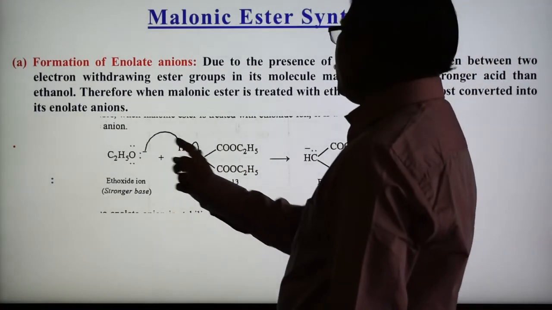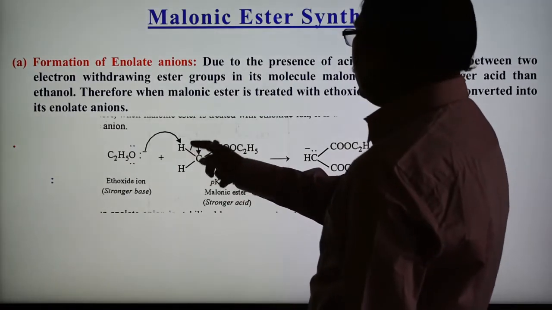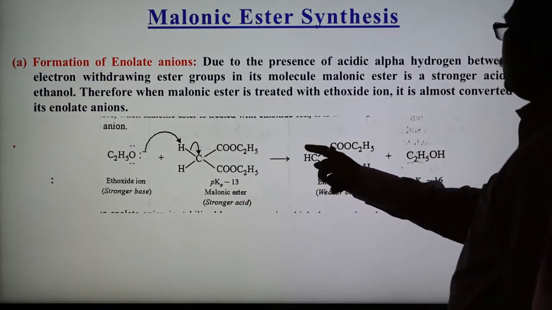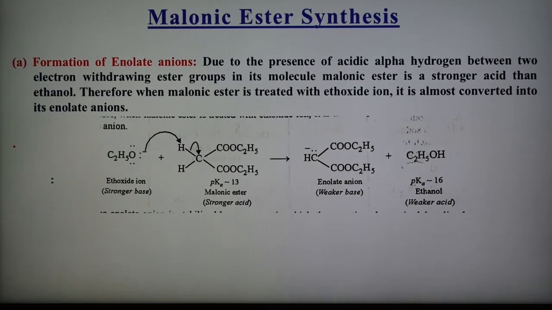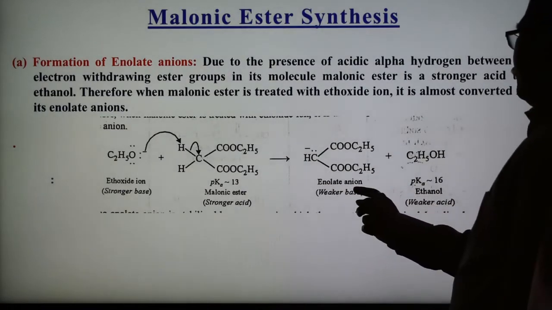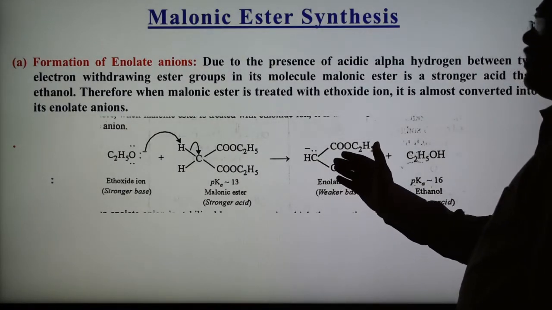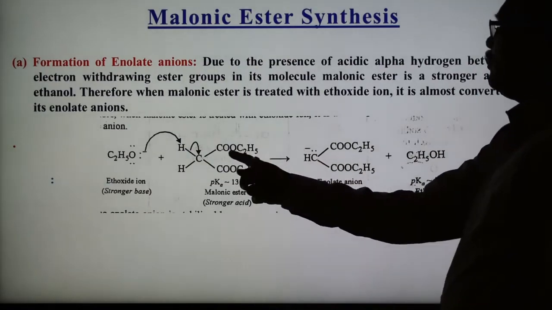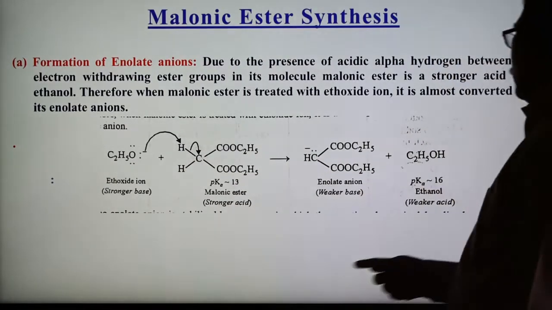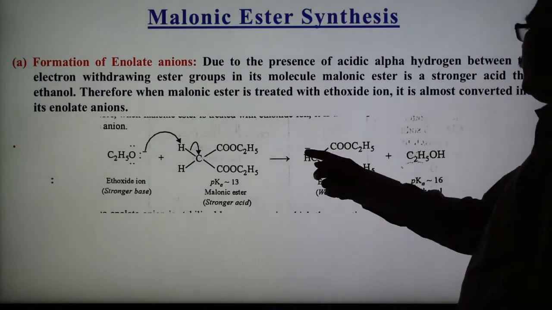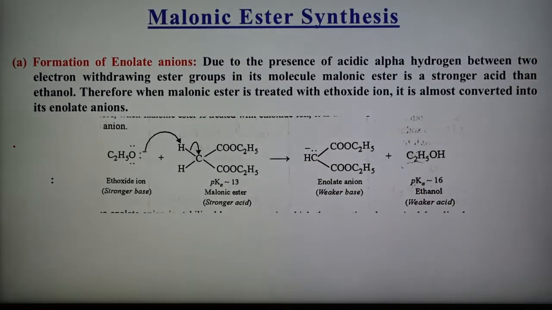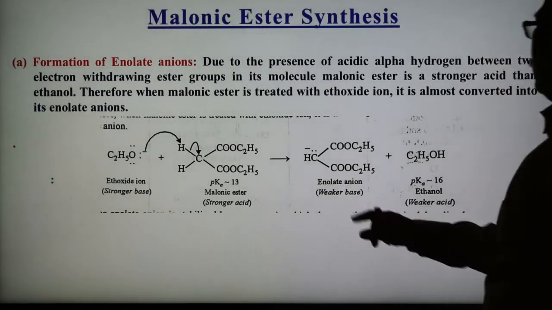Because of the removal of H plus, the electron pair comes to this carbon, so this is the negatively charged anion, known as the enolate anion. This is the reactive species. So in this process, a proton is abstracted by ethoxide, forming ethyl alcohol and the enolate anion. This is step one, formation of enolate anion.